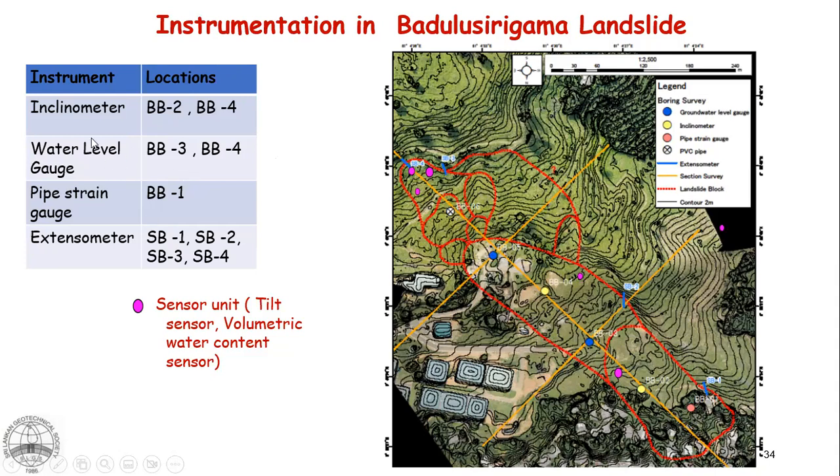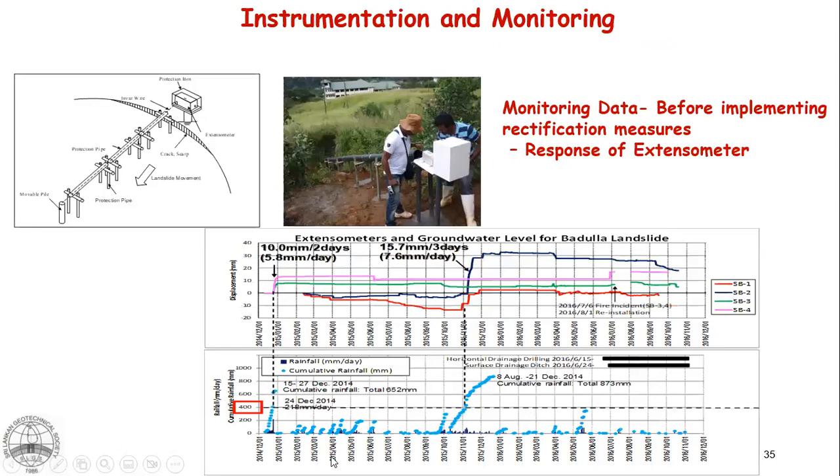And then there are water level gauges, BB3, BB4, right? BB4, BB3 are water level measurements, and strain gauges at BB1, right? So this shows the full instrumented plan of the Baduli-Sirigama landslide. So this work was done with JICA assistance. This shows details of monitoring.